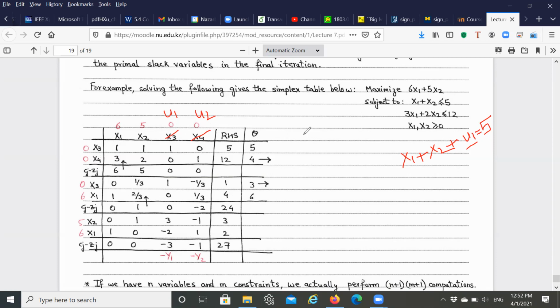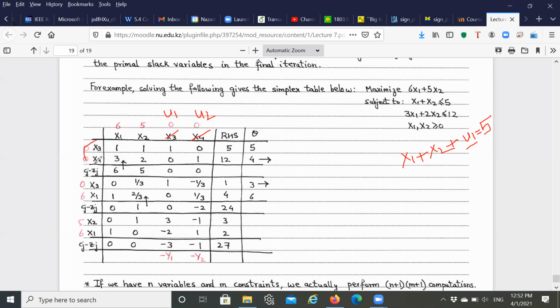In the beginning, when you want to start, you put x1 and x2 equal to 0. So you would get your values for u1 and u2, and you could solve it.